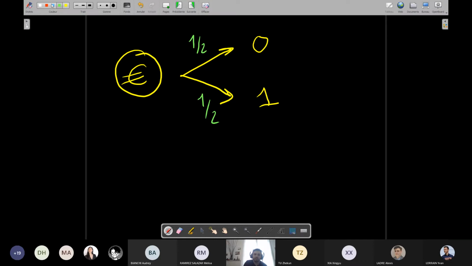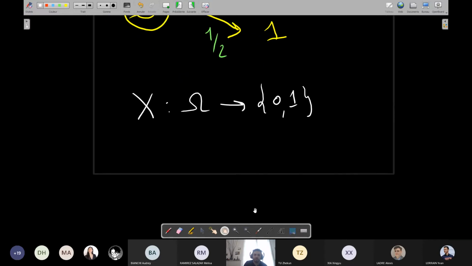So if my random variable is x, that goes from omega to {0, 1}, then the probability distribution function is the function defined on {0, 1}.